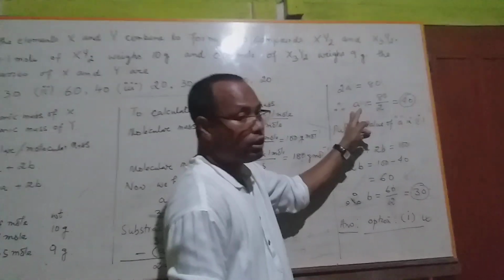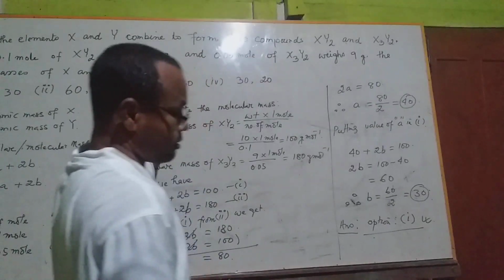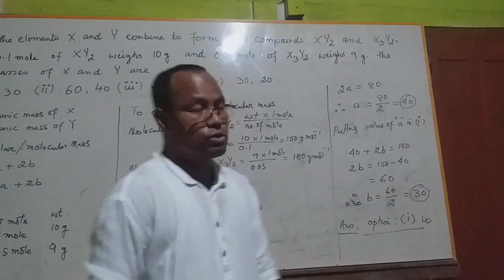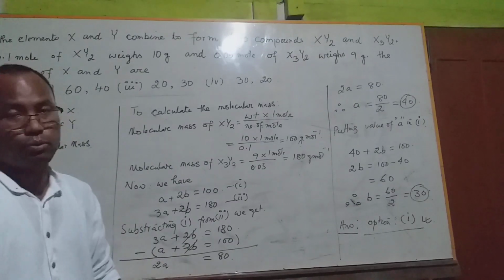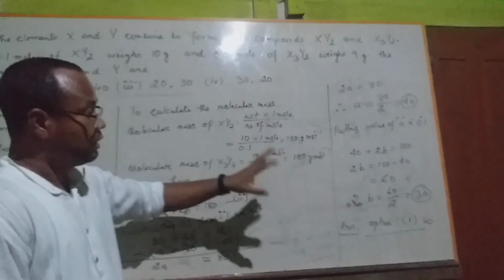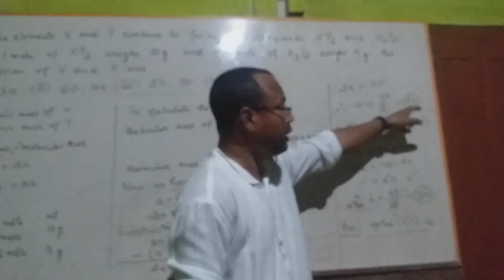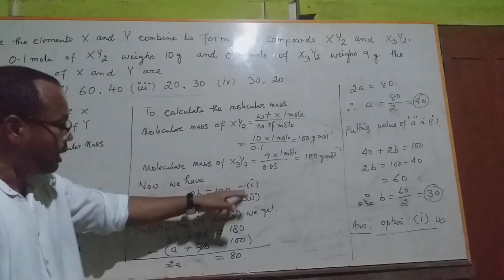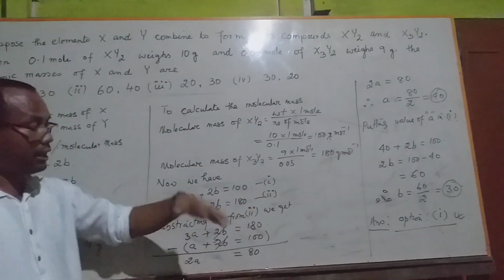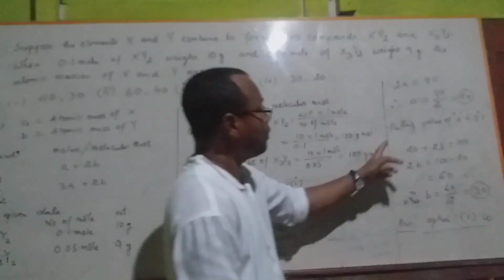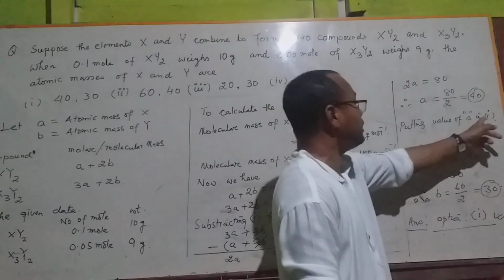So this is the atomic mass of X: 40. Now that we know A, we can find the atomic mass of B. We can put the value of A in either equation 1 or equation 2. For convenience, we put it in equation 1.